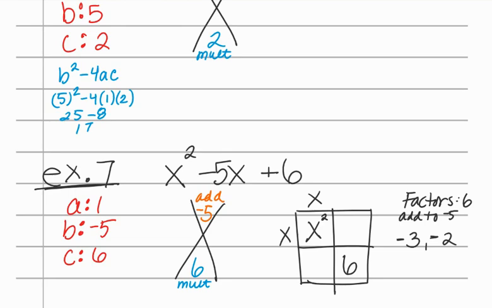Now again, if you couldn't come up with that in your head, that's okay. You would just go through and you would list the factors. There's nothing wrong with listing the factors. We find that -3, -2 are the winning factors. So that means I'm going to have my -3, my -2.